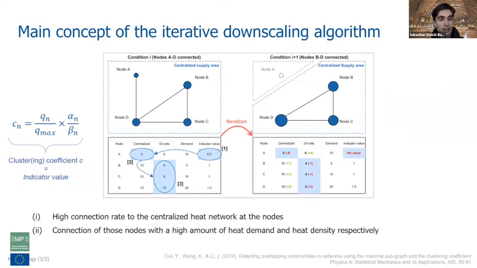And both indicators are very important from a heat supply company perspective to supply and connect a specific subregion to a centralized heat network or not. So this is used in the iterative downscaling algorithm, taking into account the so-called clustering coefficient C, which is illustrated here on the two figures.